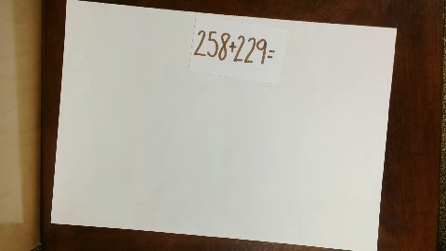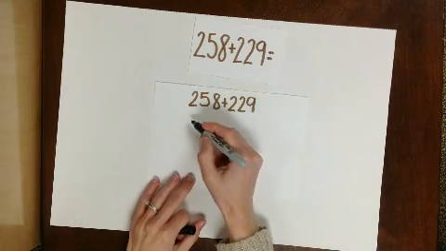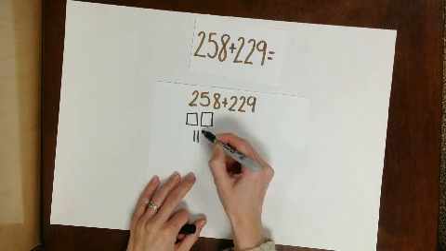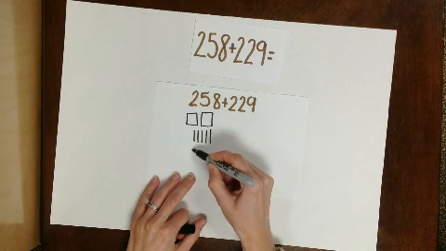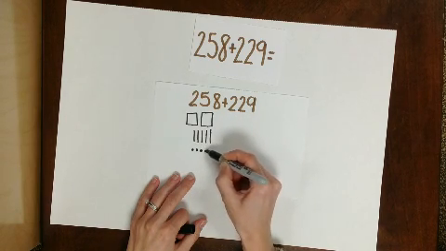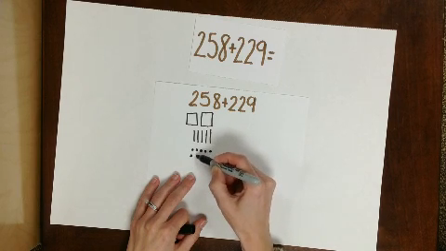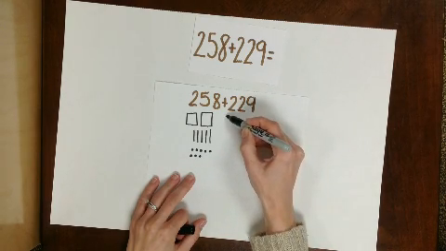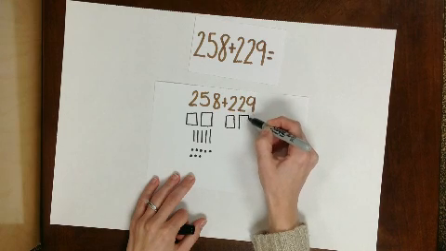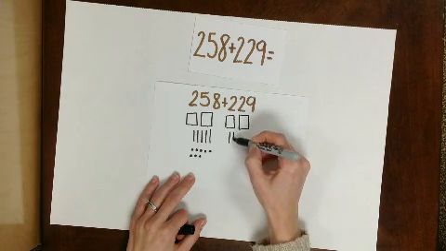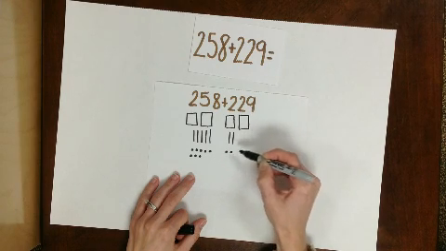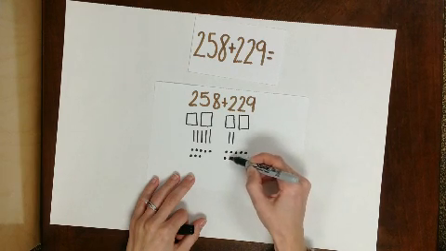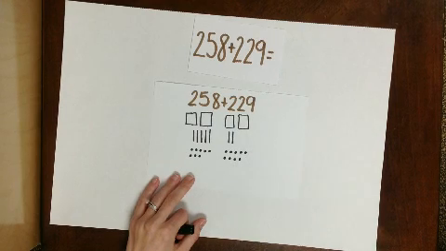This time, we'll solve the exact same equation by drawing. 100, 200, 210, 220, 230, 240, 250, 251 through 258. Adding, so we're going to add 229. 100, 200, 210, 220, 221 through 229.